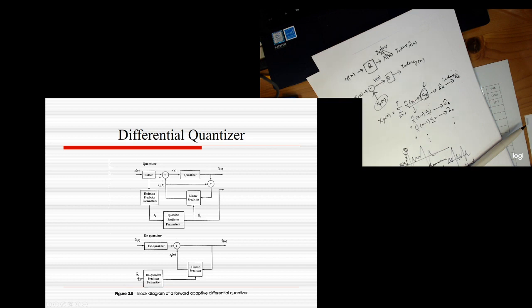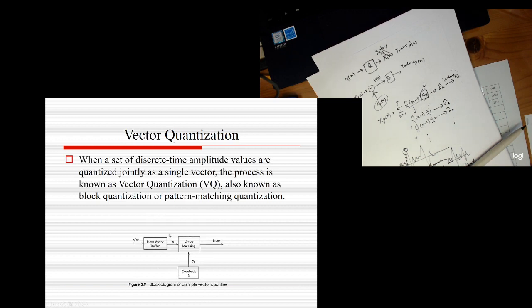They get the index and dequantize to get A1 half, A2 half, up to AP half. So they know how to do the prediction of the current data and sum it back. So you have an additional overhead to inform the decoder how to do the linear prediction. This one we call forward adaptive.